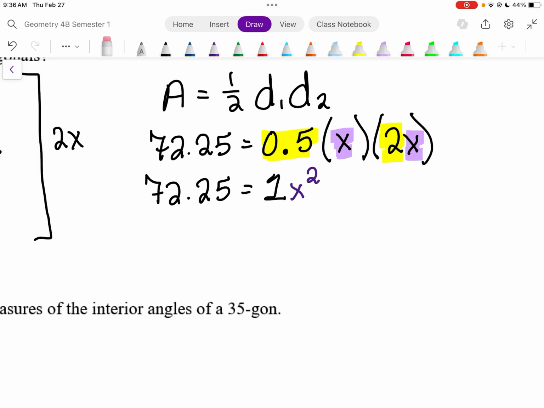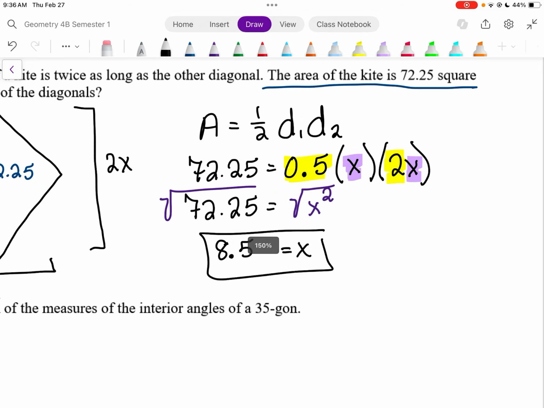So we don't really need to put that 1 up front because 1x squared is the same thing as x squared. So once we're here, we can take the square root of both sides, and that will give us our answer for x. And when we take the square root of 72.25, we get 8.5 equals x.